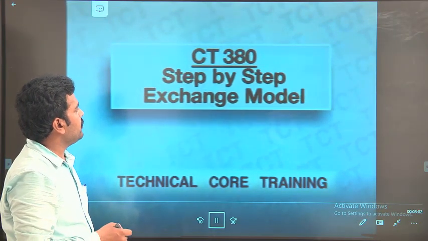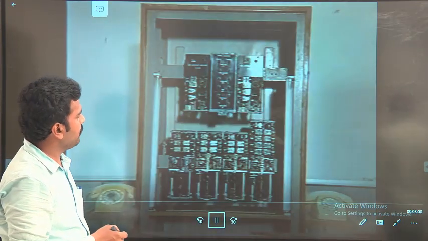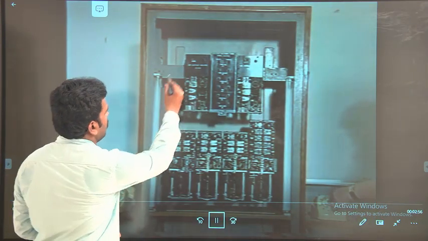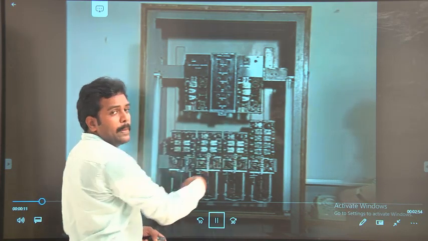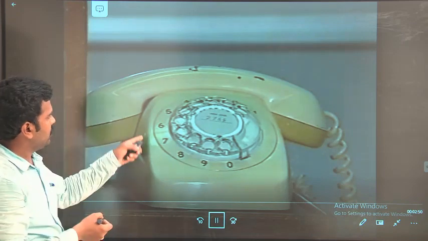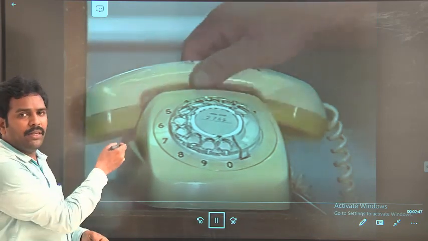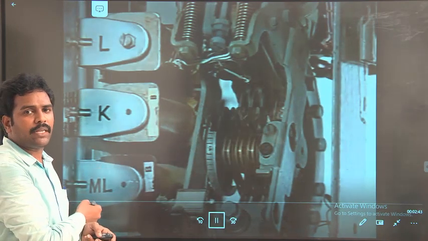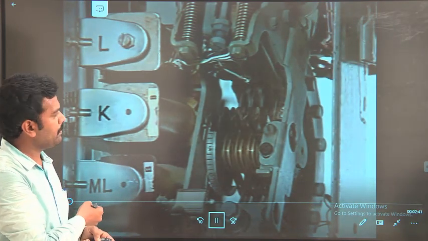So, step-by-step switching exchange model. They are the selector switches. You see here, in this example, they want to dial 85. They want to connect a subscriber whose number is 85.